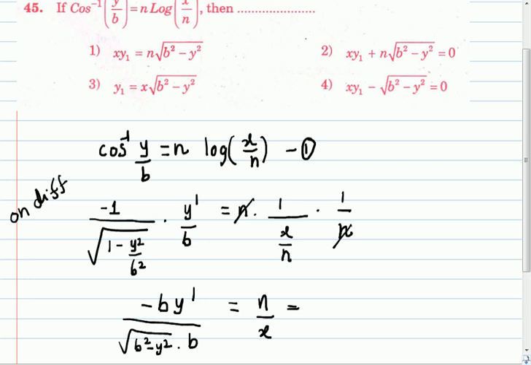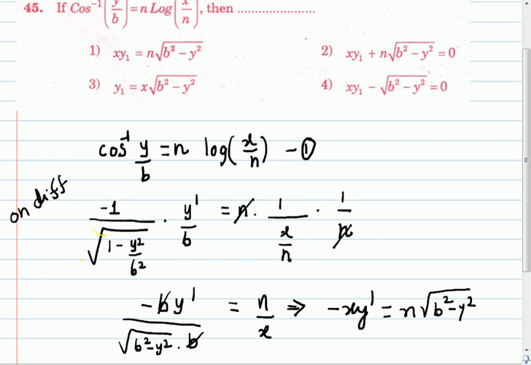Okay, so now which term get cancelled here? b get cancelled. So what we have is minus x y dash is equal to n into root of b square minus y square. This is by taking cross multiplication, isn't it?